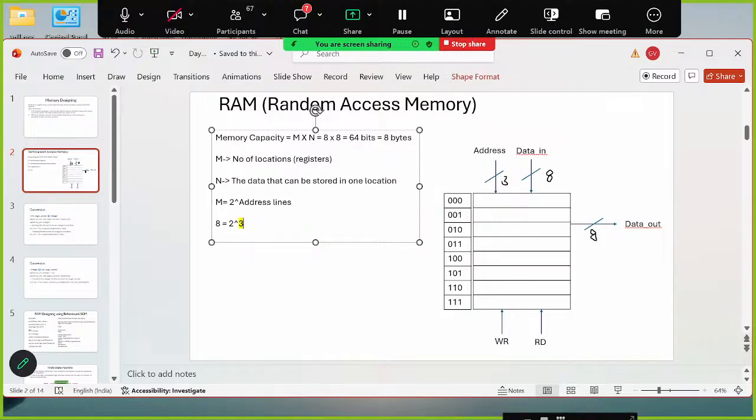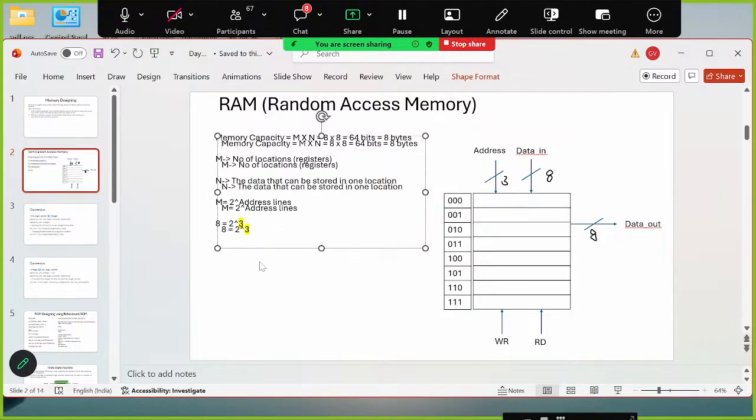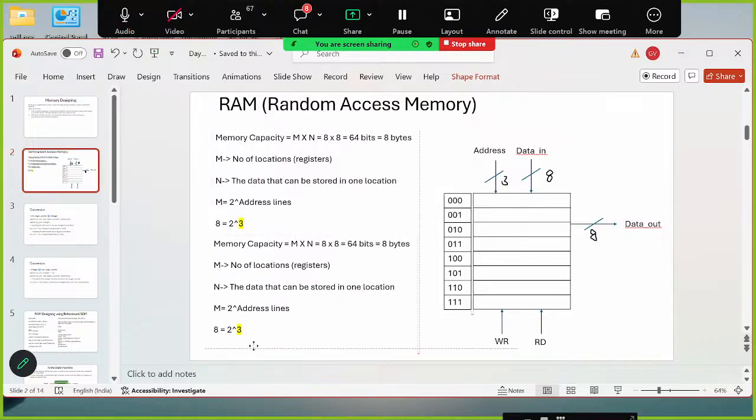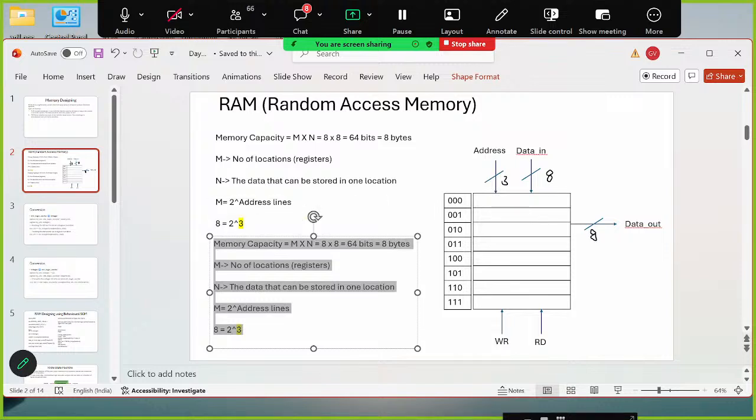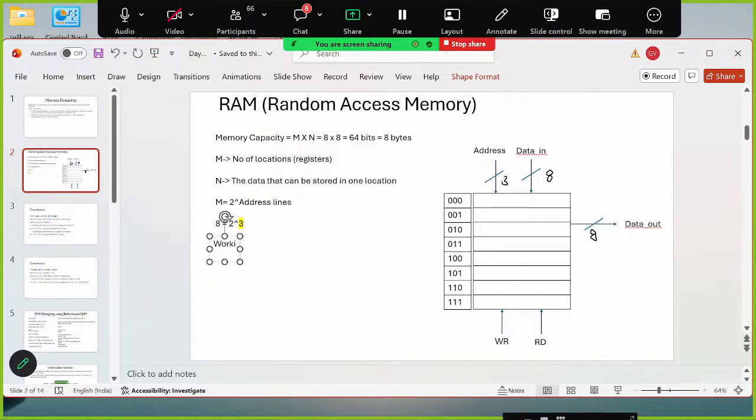Right. So how does it work? Working of memory. Whenever you want to write some data, what will you do first?